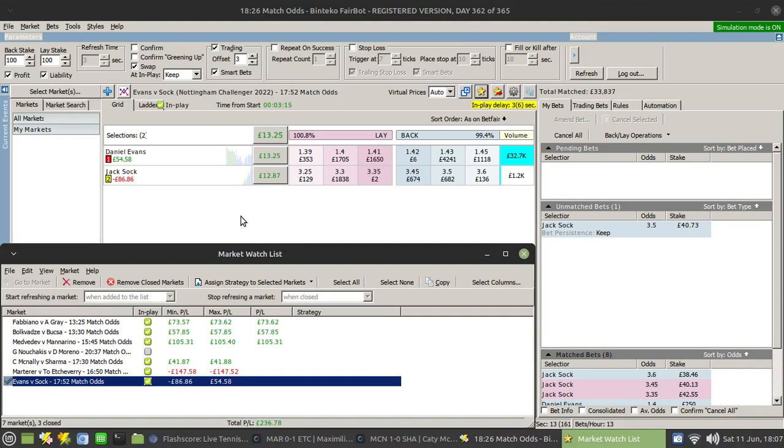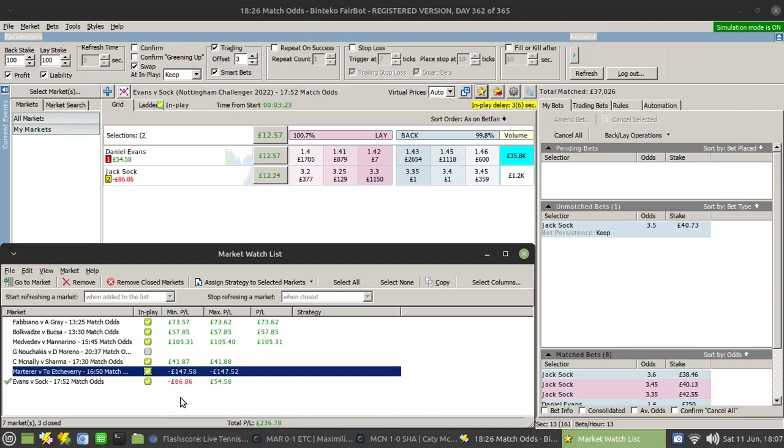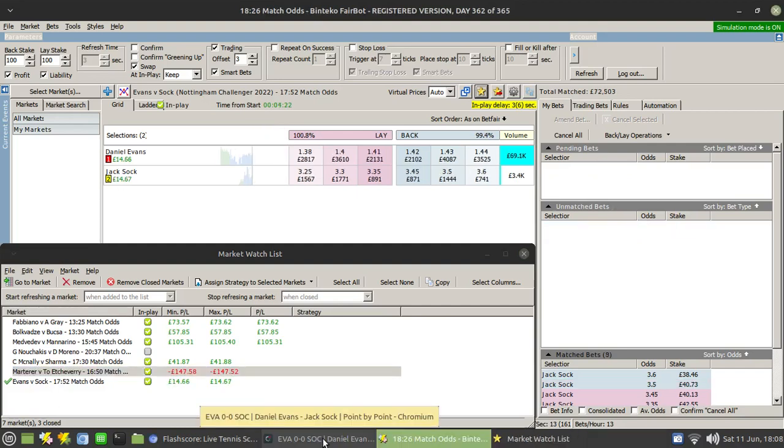Once this is taken, I'll check the status of the match and see how it's going, because unlike this one that I wasn't paying any attention to, I don't want one of these players to end up dominating the market. If that happens, you really need to get out. Right, we'll just pause just now. Cheers.